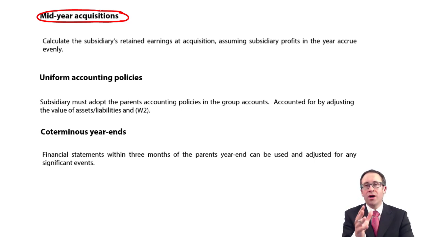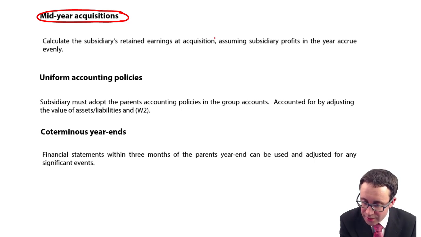However, if we've acquired the subsidiary part way through the year, then we're unlikely to have a statement of financial position that has been prepared. So we need to work out the retained earnings at acquisition.